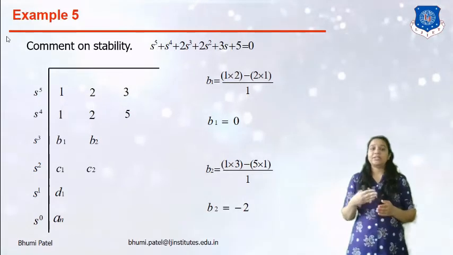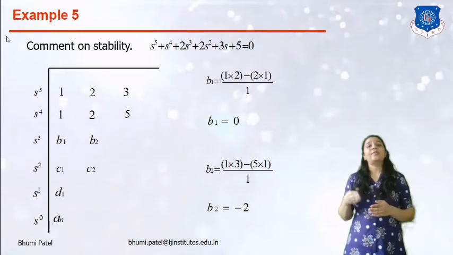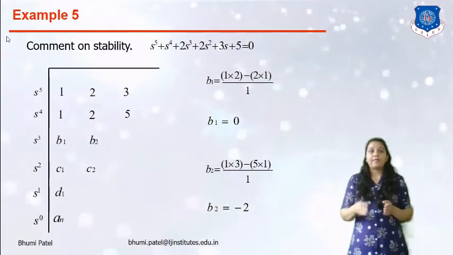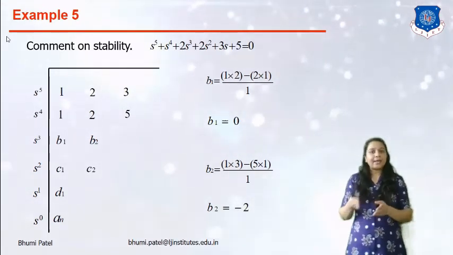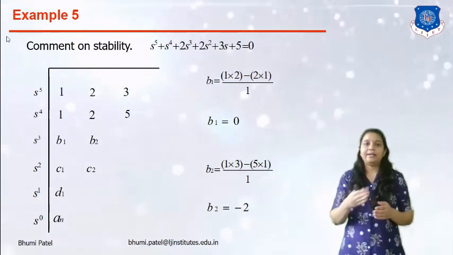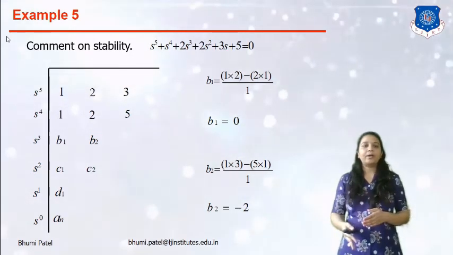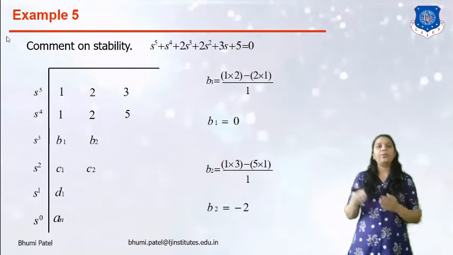After that we skip the s^4 term and write the coefficient of s^3, which is 2. Then we skip the 2s^2 term and write the coefficient of s, which is 3. So the first row in the Routh table has the values 1, 2 and 3.